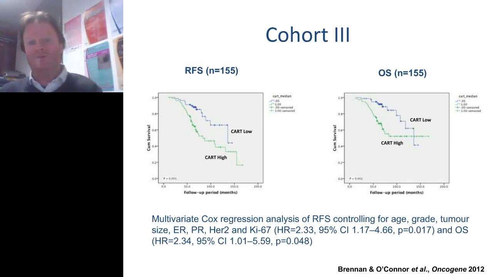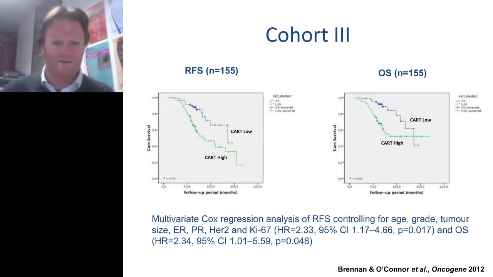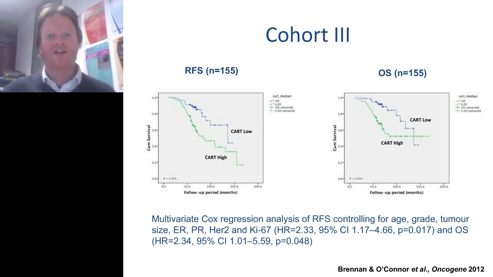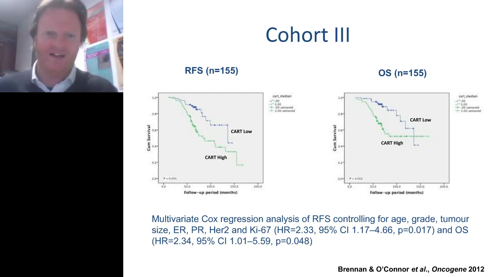And again, both in this cohort and in all of our other cohorts, the multivariate analysis controlling for age, grade, stage, tumor size, ER status, PR status, HER2 status, Ki67 status, confirms CART as an independent prognostic factor in hormone receptor positive tamoxifen treated patients, and suggests that patients that have high CART really don't do very well on hormone treatment, and would be candidates for receiving more aggressive chemotherapy added to their regimes.